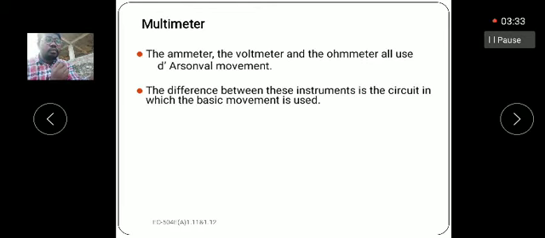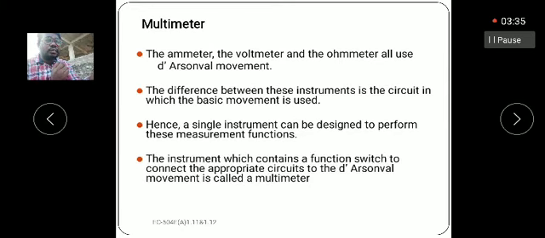Generally in measuring instruments we use the D'Arsonval movement. The ammeter, voltmeter and ohm meter all use the D'Arsonval movement. The difference between these instruments is the circuit in which the basic movement is used.